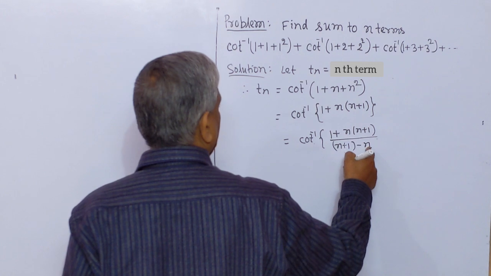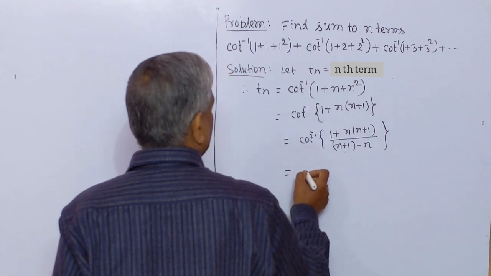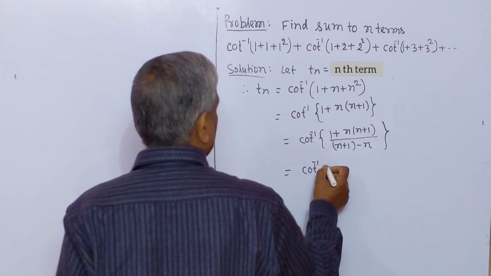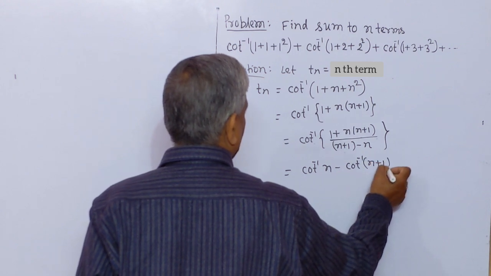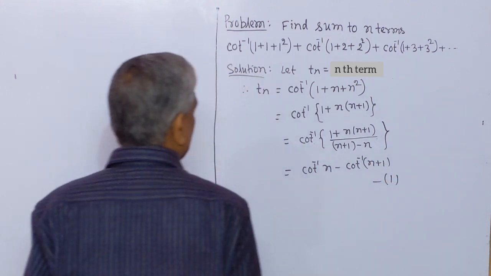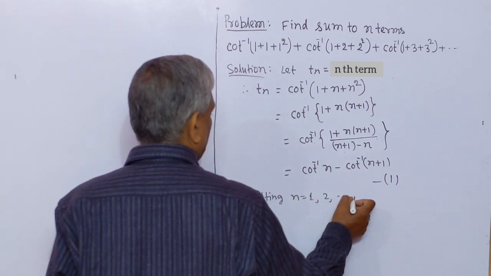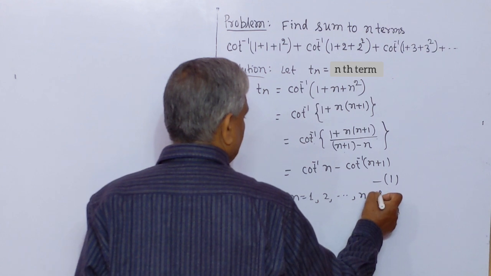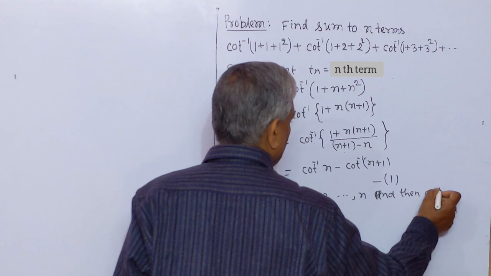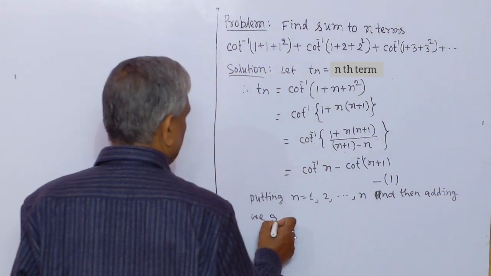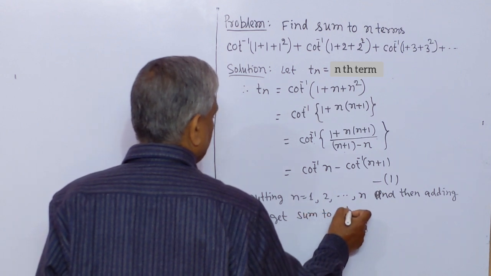Here n positive, n negative, cancel, remains only 1. So we may write this cot inverse n minus cot inverse n plus 1. This is number 1. Putting n equal to 1, 2, dot, dot, dot, n, and then adding, we get sum to n terms.